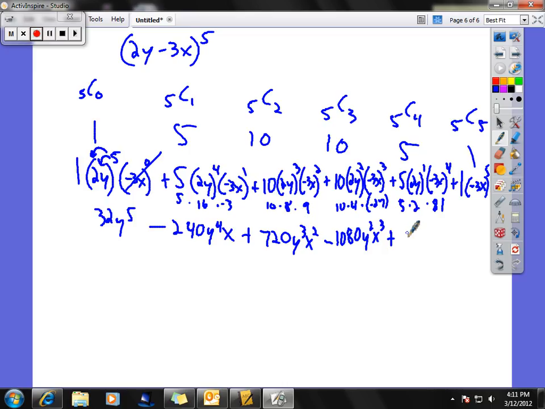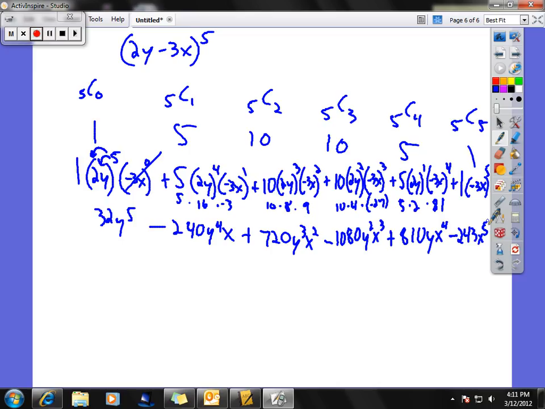Somebody check me. Oh yeah, 5 times 2 is 10. So that would be 810 y x to the 4th. And then this last one, there's no y term, and the original coefficient's 1. So all we have to do is negative 3 to the 5th. So that's going to be minus 243 x to the 5th.